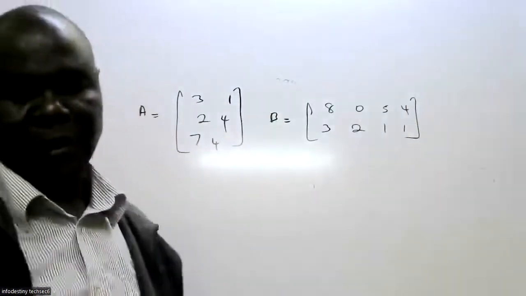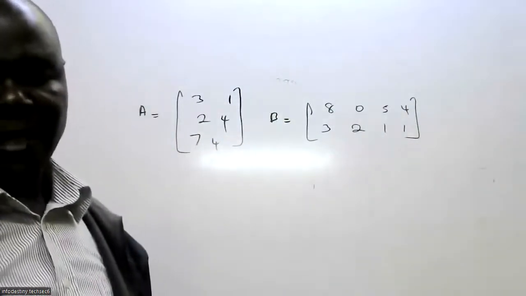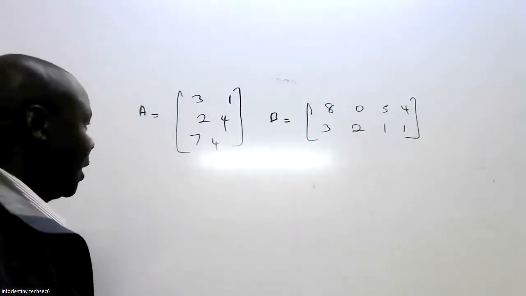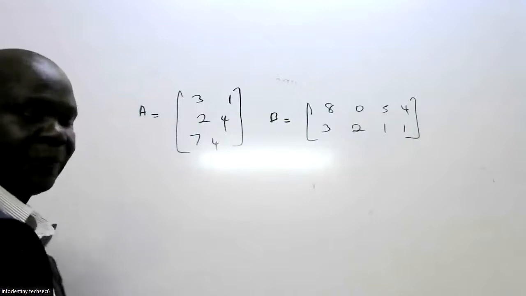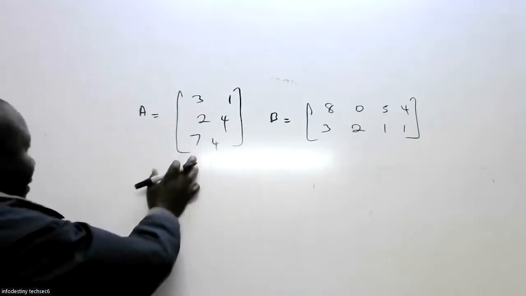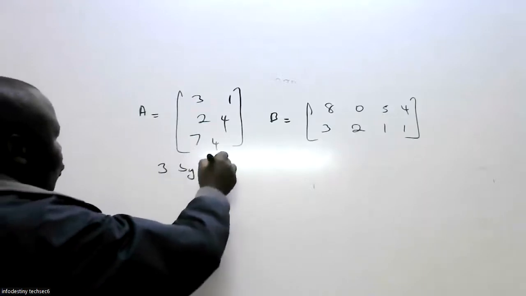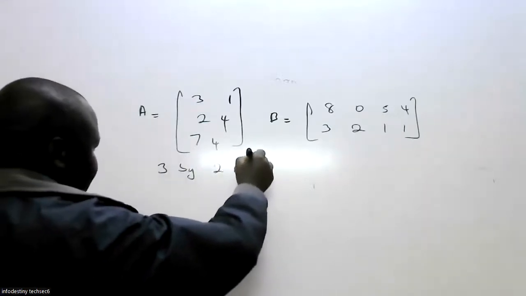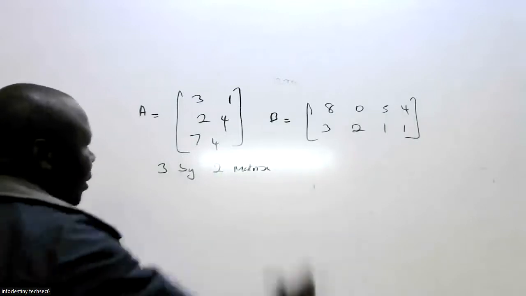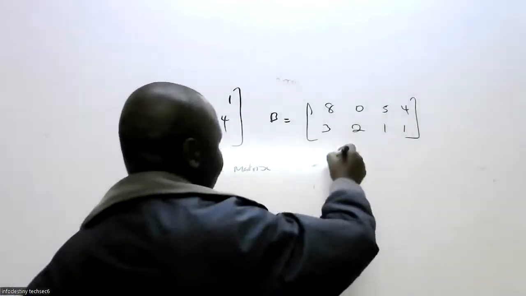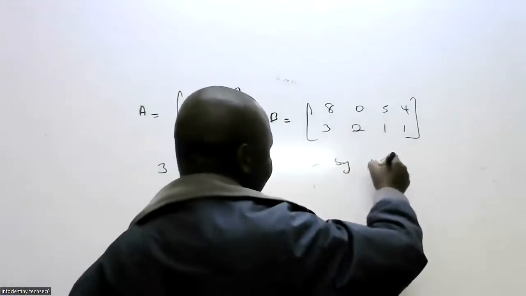Now, before we multiply this one, let's find out the order of the 2 matrices. The order of the first matrix is going to be 3 by 2. The order of this particular matrix is going to be 2 by 4.